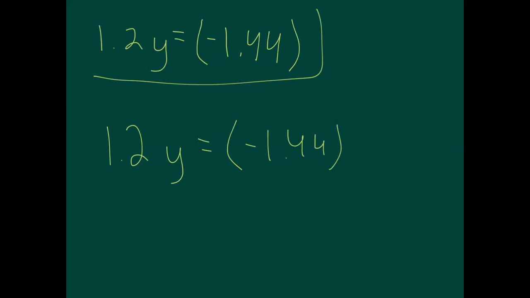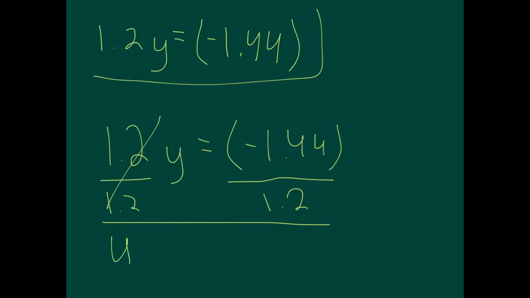So in this problem we will be doing equations containing decimals, and so the first thing we'll need to do is divide by 1.2 on both sides. Same thing on this side. What we're trying to do is get y by itself, so that cancels out.